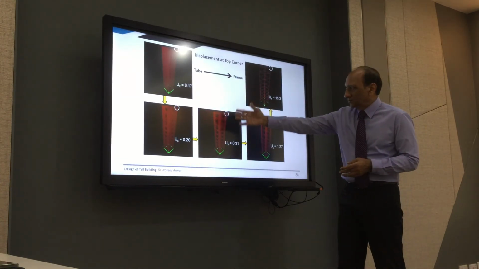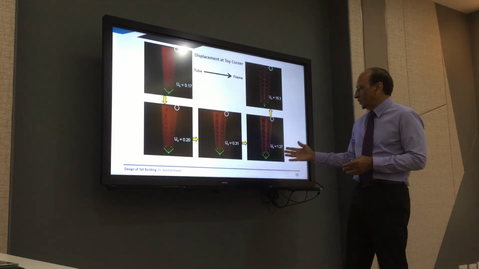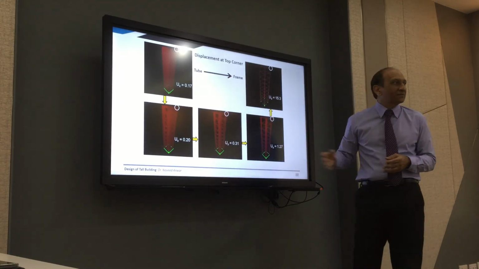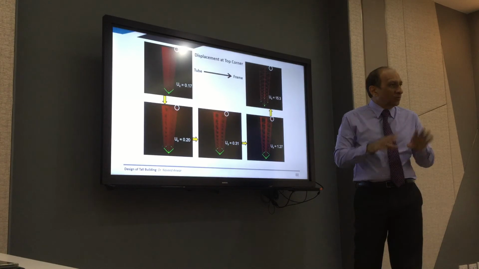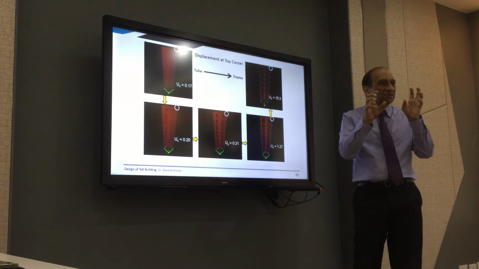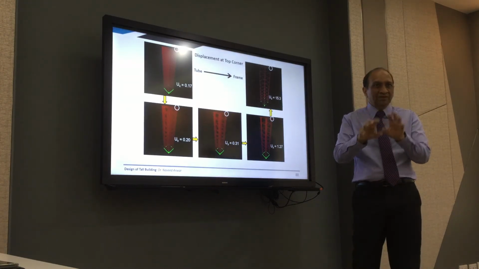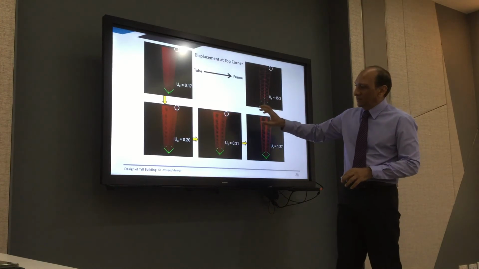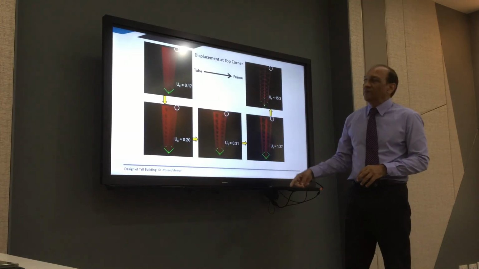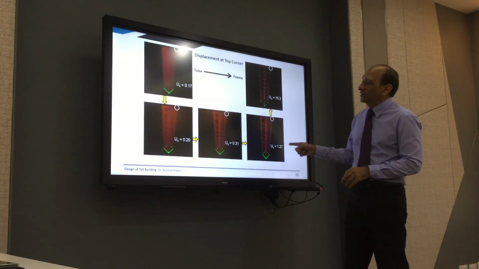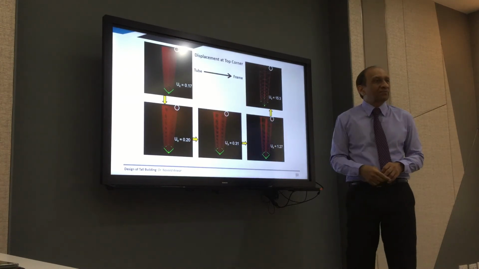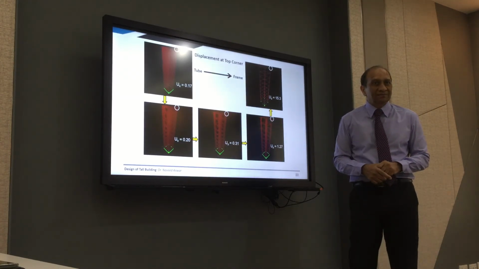And this one about twice, this one about 5 times, something like that, right? So by changing the relative stiffness of the columns, beams, and openings, you can attain different stiffness behavior as you want. But of course, many times architects and other requirements will govern that.